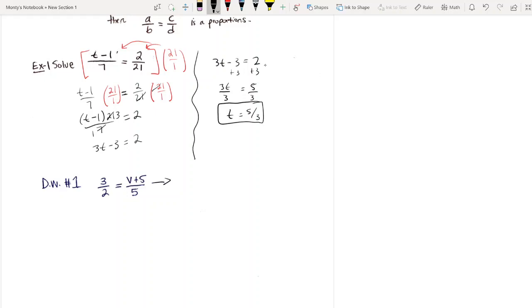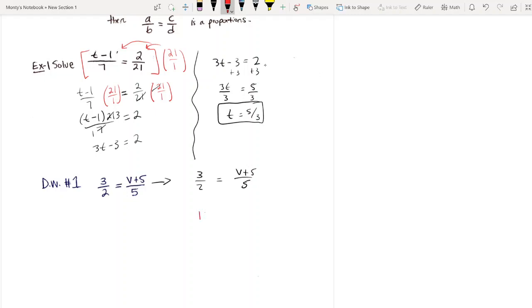So this is what we're starting with: 3 halves is equal to v plus 5 over 5. So we've got 2 and 5 as our denominators.